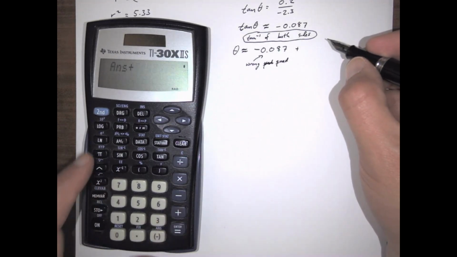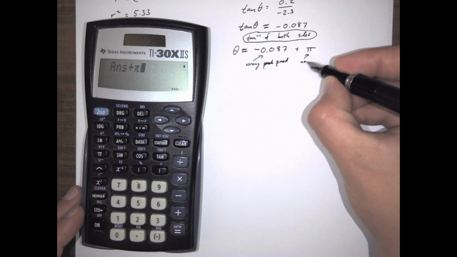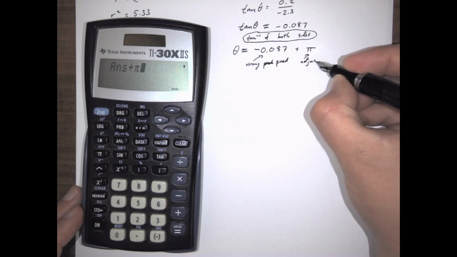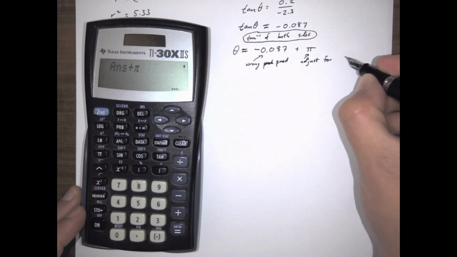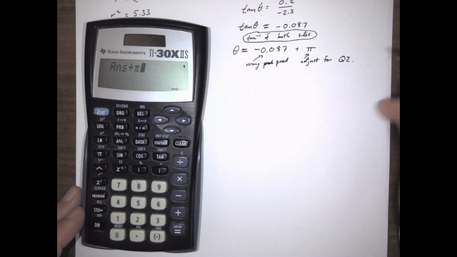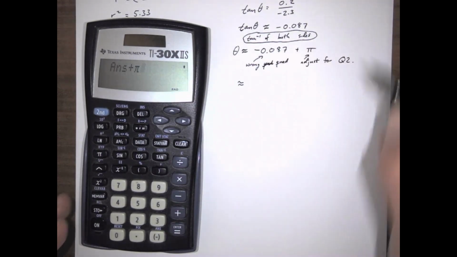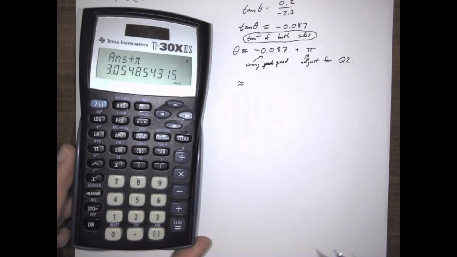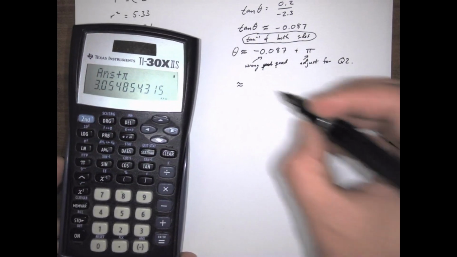So plus pi. This is our adjustment for quadrant 2. And answer plus pi gives me 3.055.